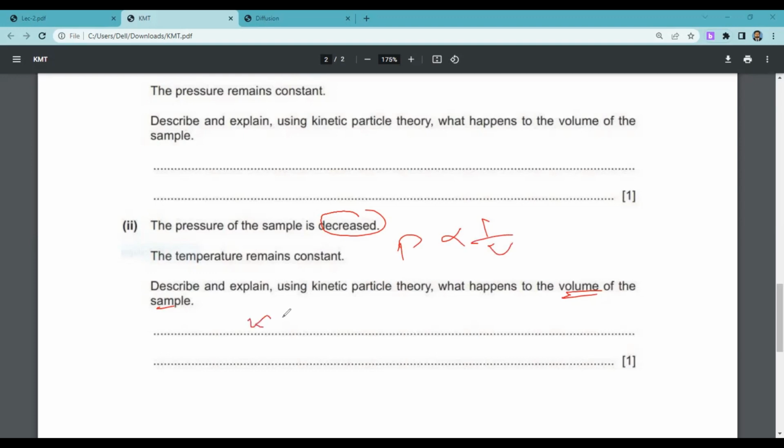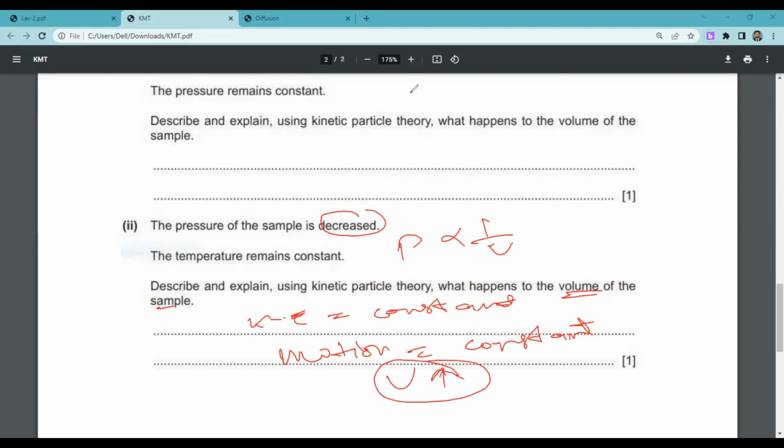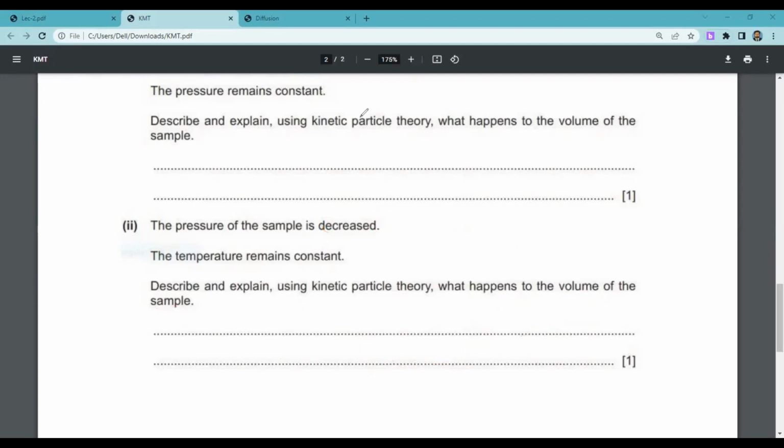We explained it earlier. Kinetic energy will also remain constant. If kinetic energy remains constant, the motion of molecules will remain constant. Motion is also constant and volume will increase. The molecules will expand. I hope this is clear now.